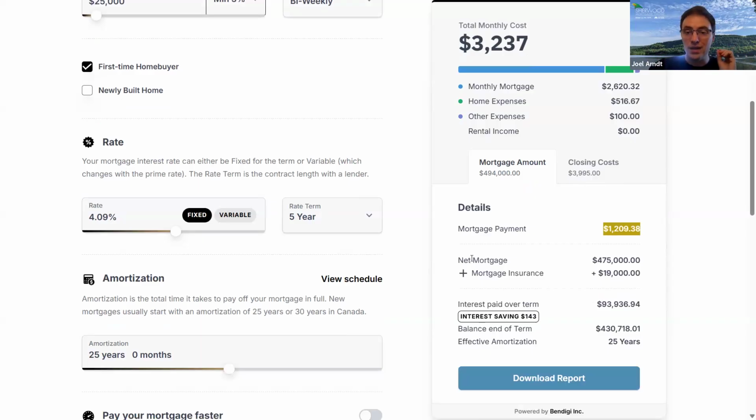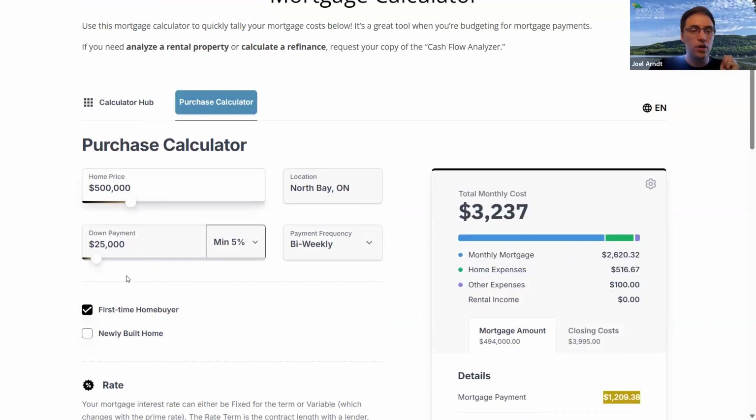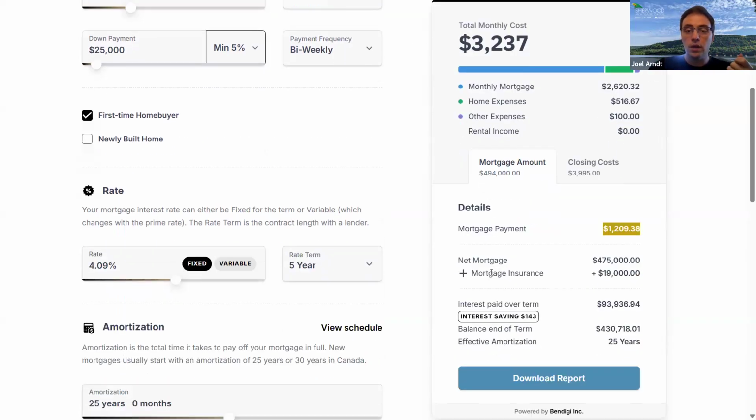So, net mortgage. It's a $500,000 purchase price. You're putting $25,000 down. Net mortgage, $427,000. However, here's where the mortgage insurance comes in. In Canada, we have to put 20% down on every home purchase.